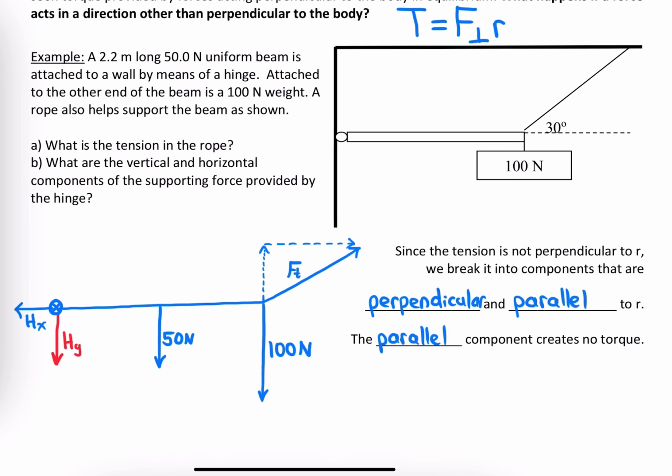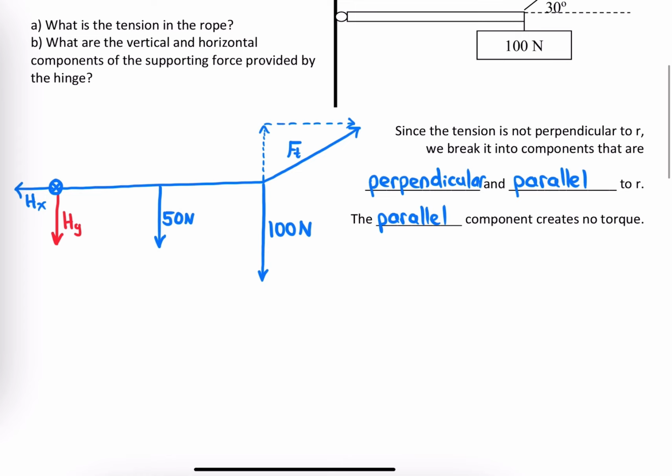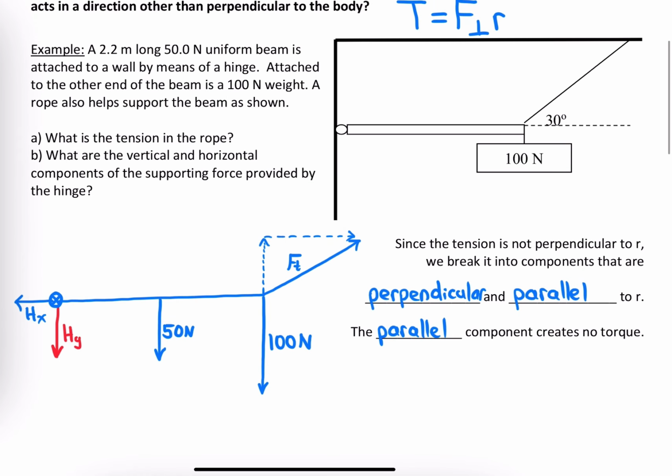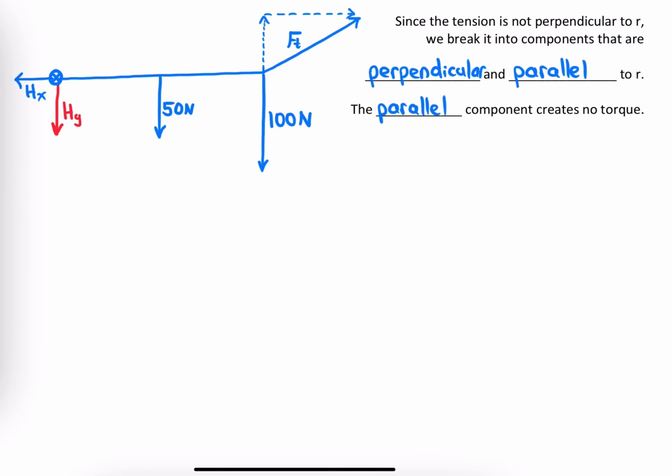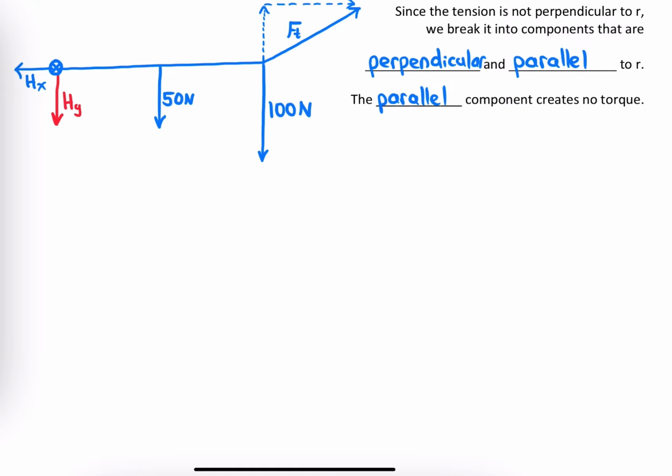Okay, so now let's start to solve this, just like we would any other torque problem. We know this scenario is in equilibrium, so the sum of all the torques will be equal to 0. So remember, it's just these three vectors here that create torque.